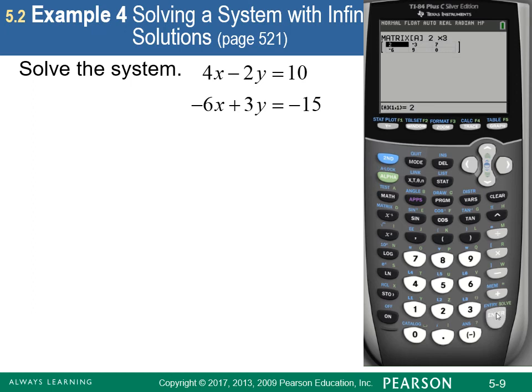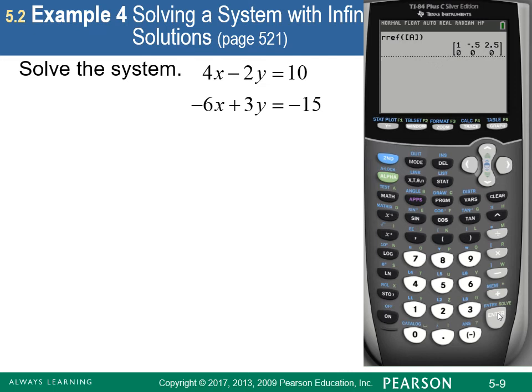Just push enter twice and type our new numbers. Second quit. And again, the last thing I typed was RREF. I can do second, enter, and it'll call it back up. I press enter again, and here is the result.